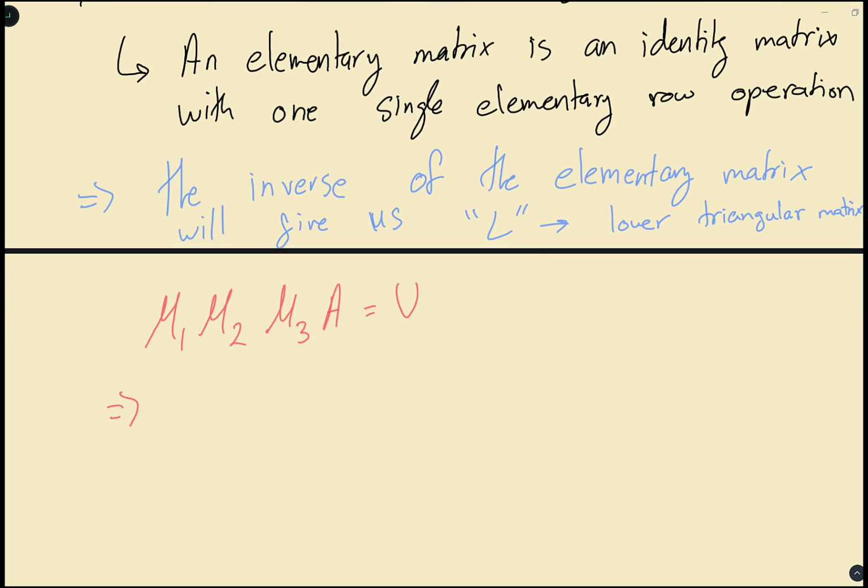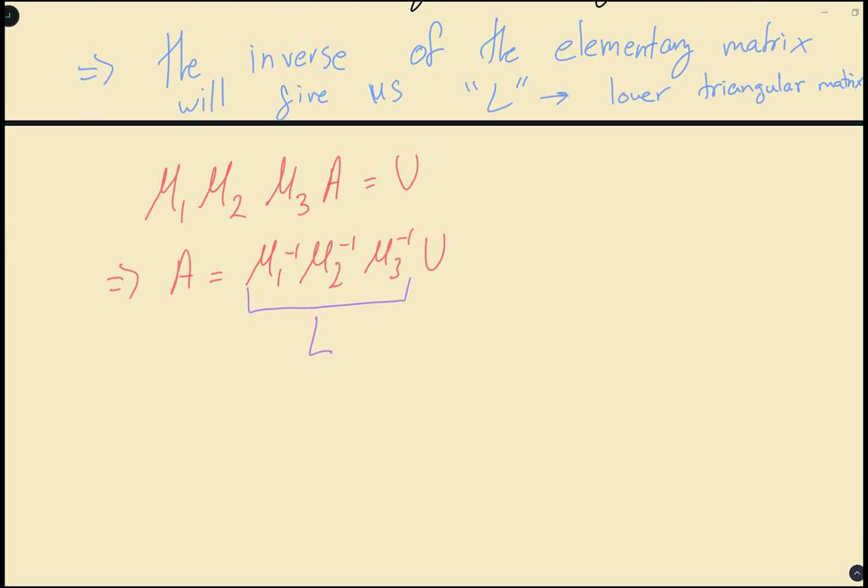And then if I take the inverse of all of these, so I'm going to say A is going to be equal M1 inverse, M2 inverse, M3 inverse, multiplied by the upper triangular. This here, right, would be my lower triangular matrix. So then what we end up with is basically A is equal to LU, and this is basically the decomposition of A into L and U.